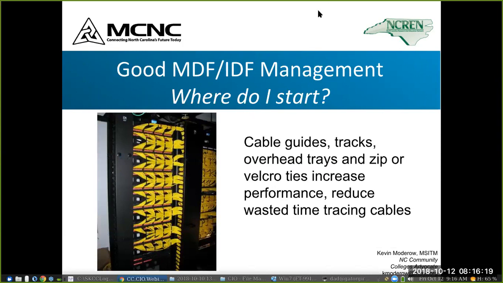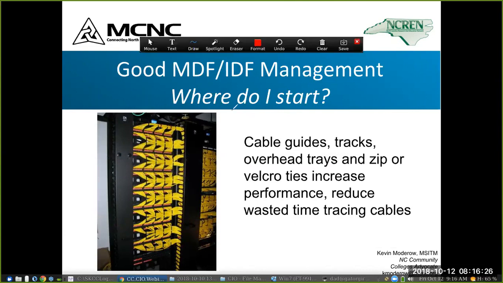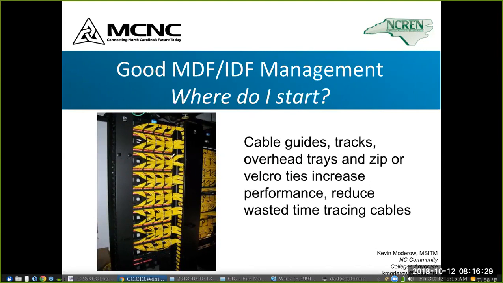Here we've got an example of very good MDF and IDF management. So we strongly recommend the use of these cable guides that route the cable across the rack to its destination. We highly recommend trays and racks that allow the cable to travel vertically up and down the rack to its destination.